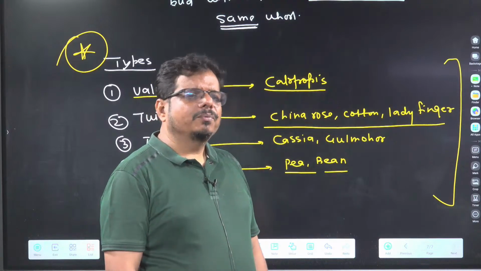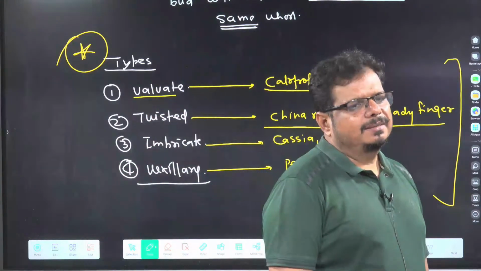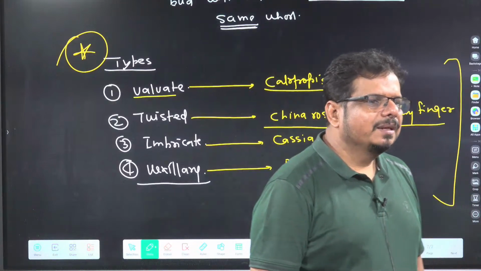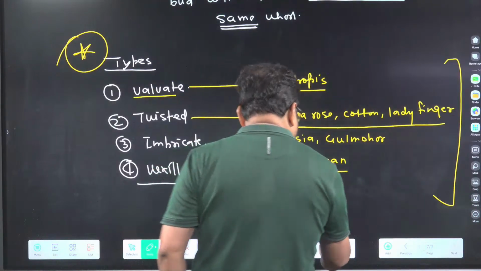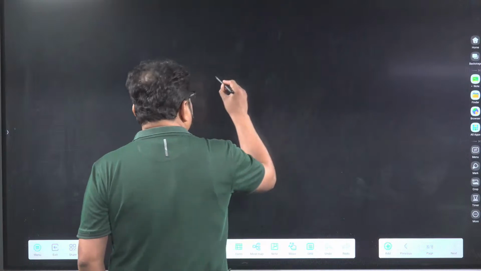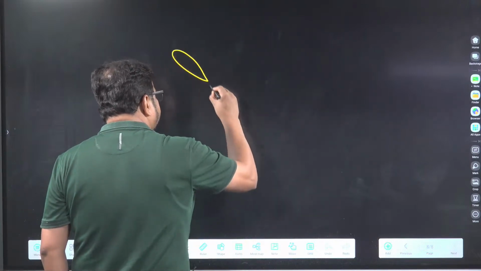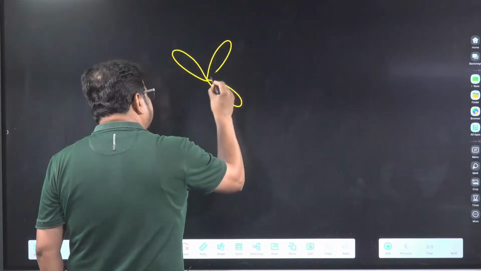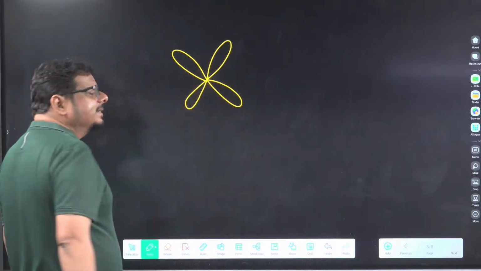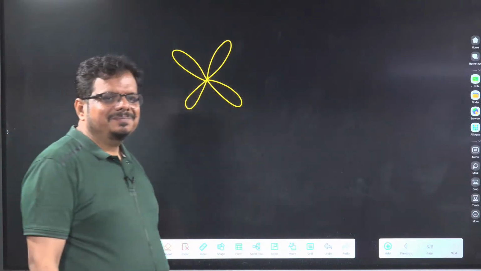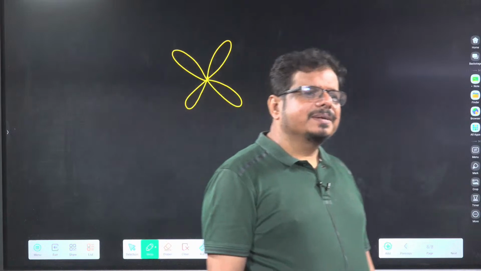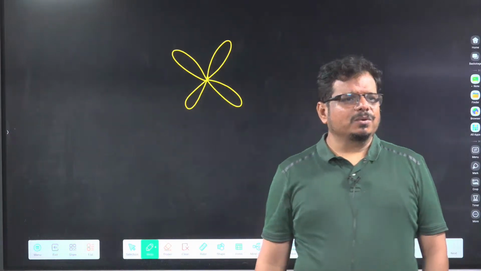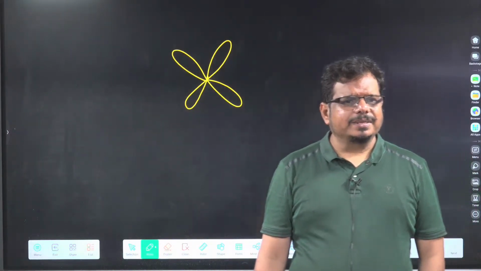Now look at the first diagram of estivation in the NCERT. I am just giving you a diagram, not exactly the same diagram. I am asking a question. See here it is the arrangement of petals. Which kind of estivation is this? Valvate, twisted, imbricate or vexillary?